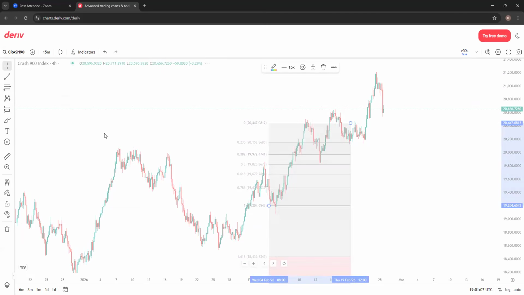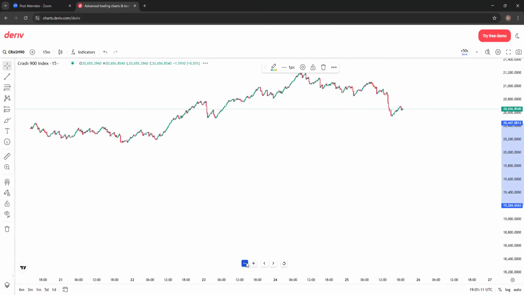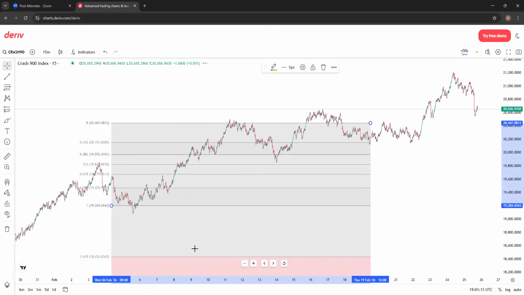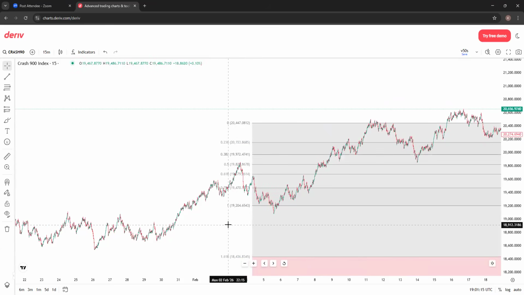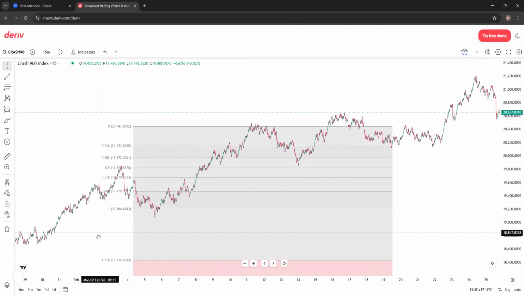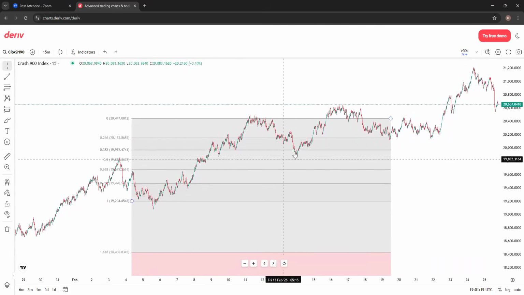Let's move on to a smaller time frame. We want to see what happened as we approached that level. Remember what I taught you? What we want to see is market structure going down: high, low, high, change of character, high, low, a break of market structure, and then it continues.